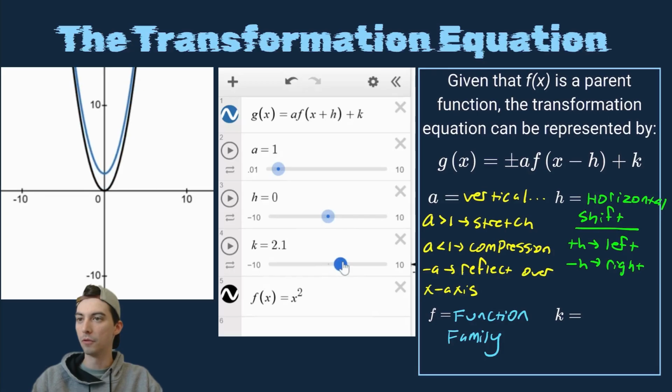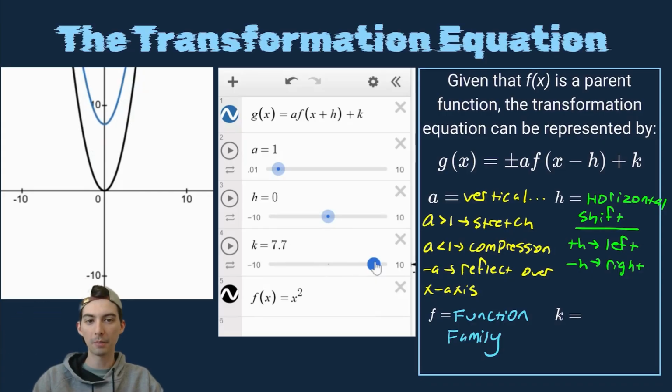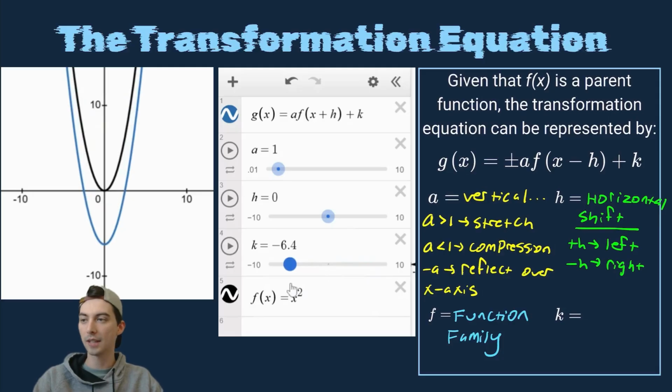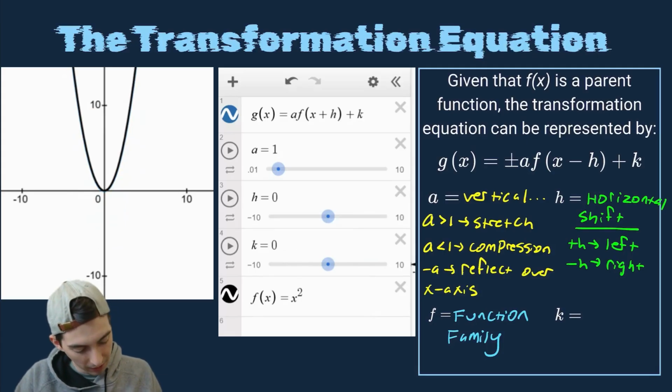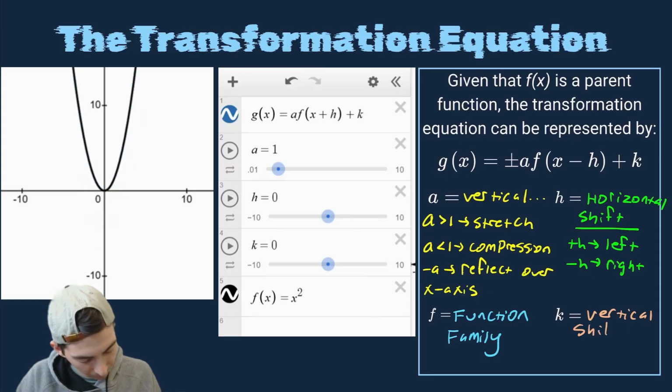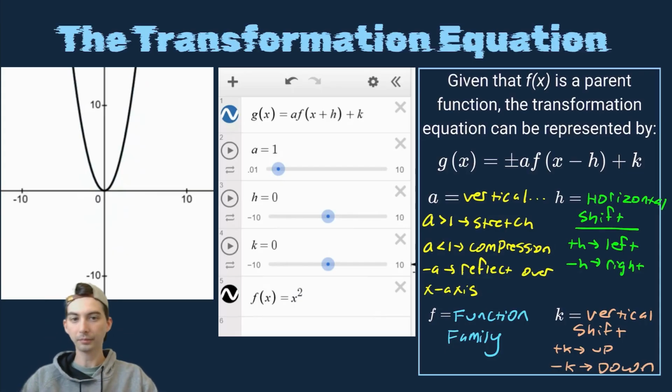I see that if I move k up, that graph is moving up, and if I move k down, that graph is moving downward. So k stays true to whatever the sign is, it's just the inside part that's going to lie. So k is going to be our vertical shift, and a plus k is going to move up, and a negative k is going to move down.